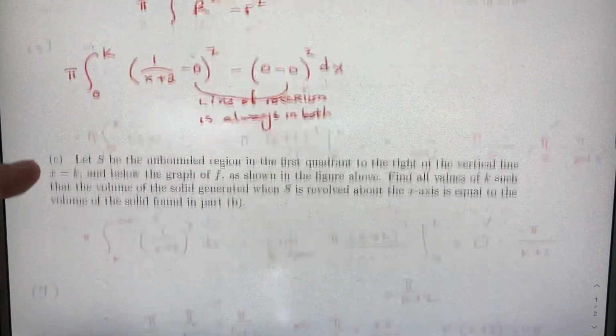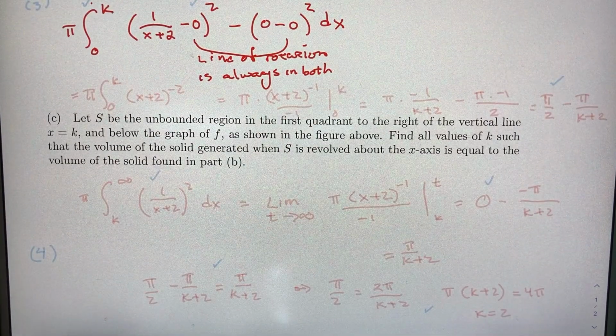Okay, so 1 over (x plus 2) squared is (x plus 2) to the negative 2, not ln.